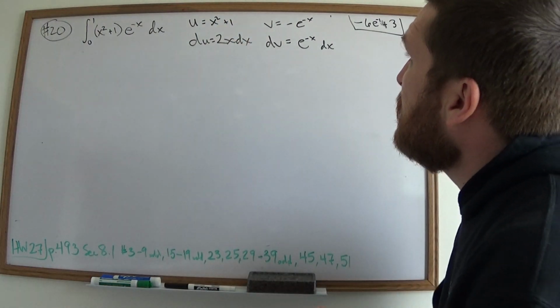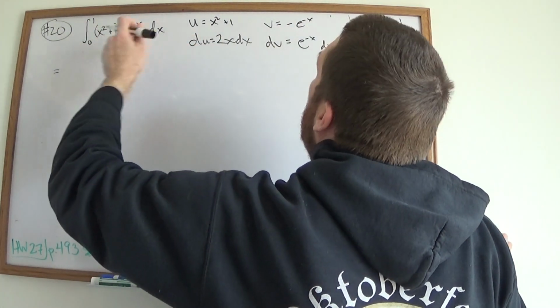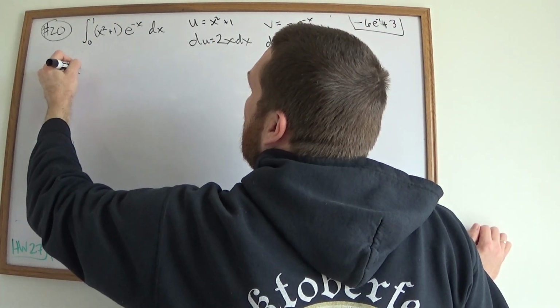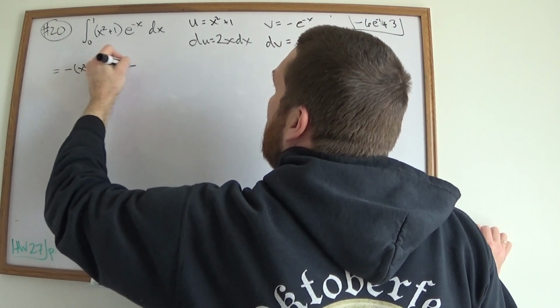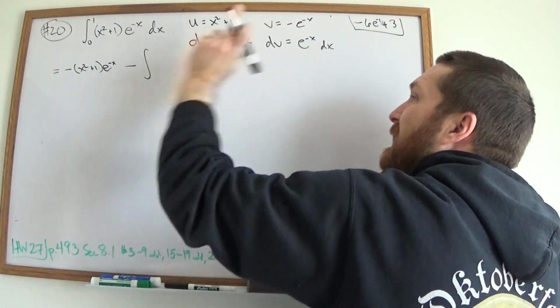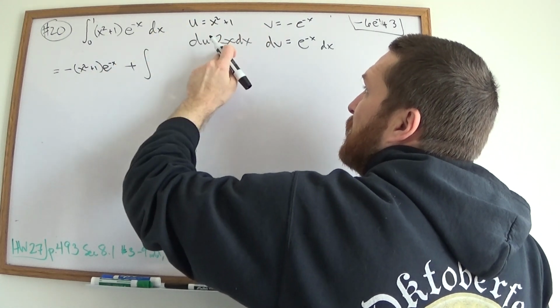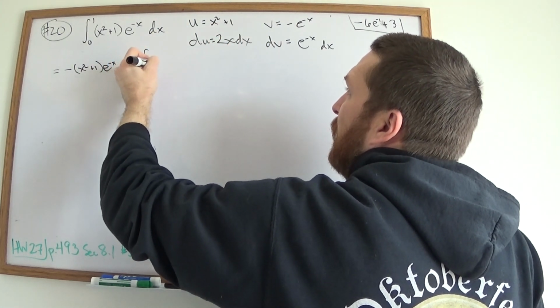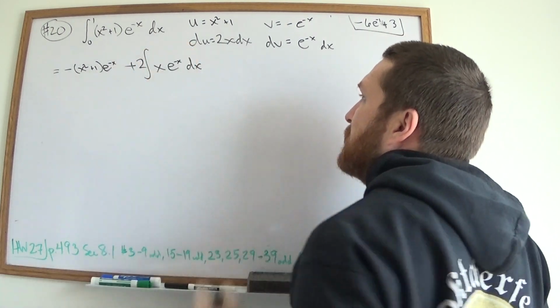So now we're going to say, this is the same thing as uv, so negative x squared plus 1 e to the negative x, minus the integral of v du. That negative could come out front like that. The 2 could come out front. And now we're left with x e to the negative x dx.